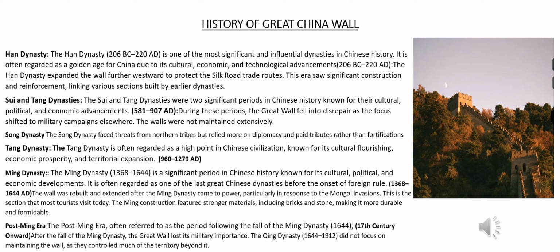So these are the names of the dynasties and their periods. But during that period, there were many cultural, economical, and technological advancements in different dynasties, and there were sometimes political clashes between each other.